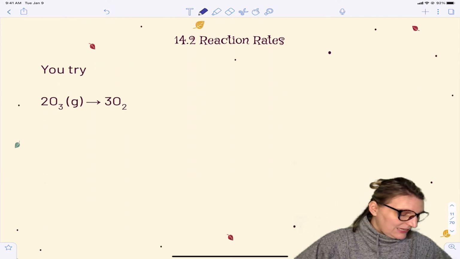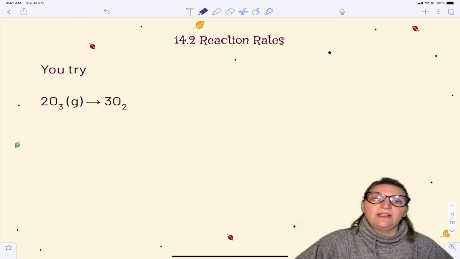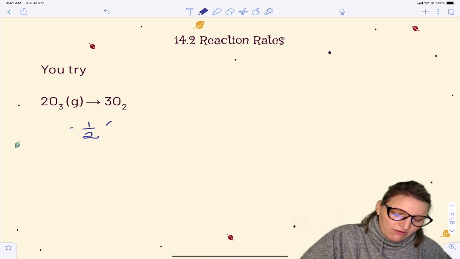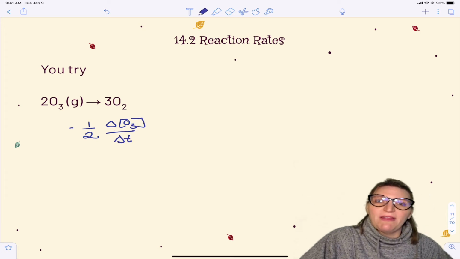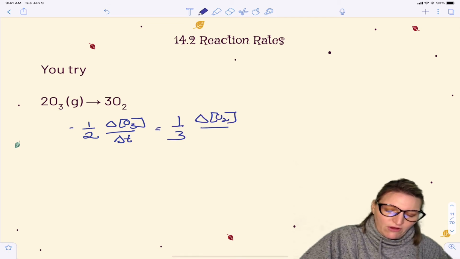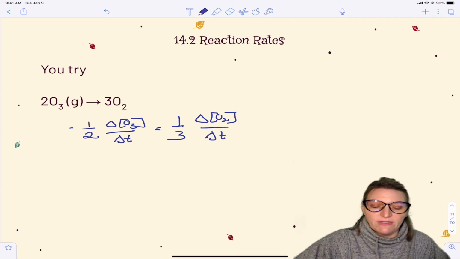So an actual example here with this reaction, this is actually the decomposition of ozone. And we would say that if you take the change in the rate of ozone, O3 by the way, and multiply that number by 1/2, it would be 1/3 the change in the concentration of oxygen gas. That's me applying that formula on the previous screen.